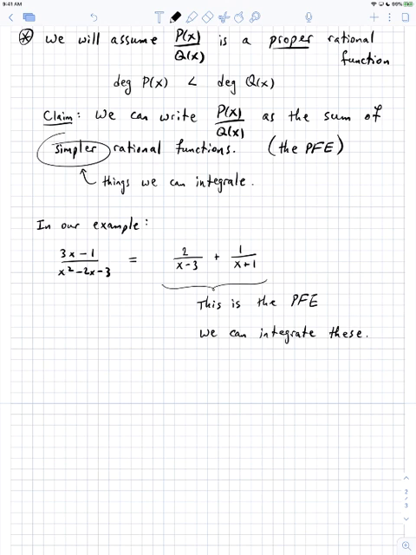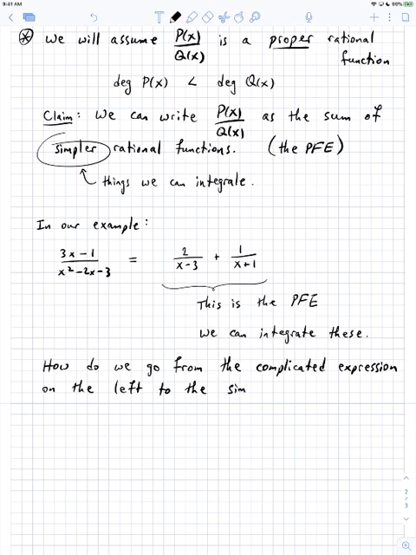How do we go from the complicated expression on the left to the simpler one on the right?